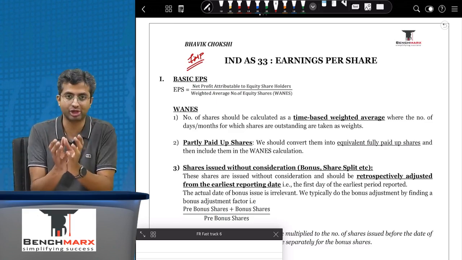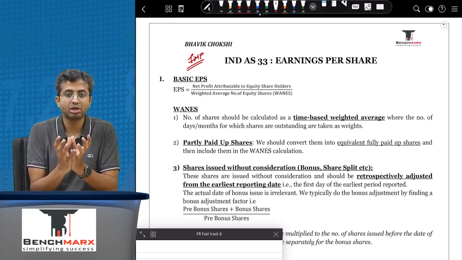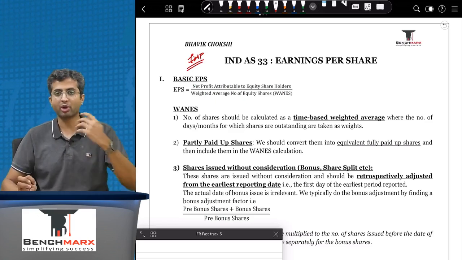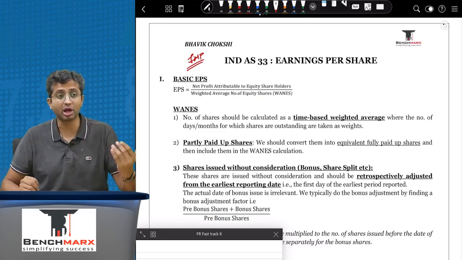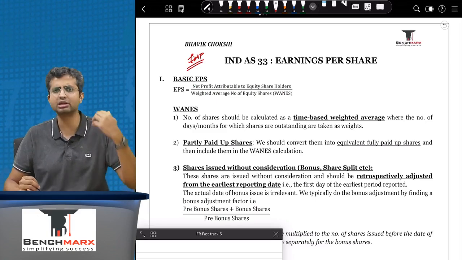Now, how do you calculate basic EPS? Well, earning per share, and hence in the numerator you will take the profit available for equity shareholders. The profit available for equity shareholders has to be calculated after paying off all expenses like salaries, wages, rent, advertisement.